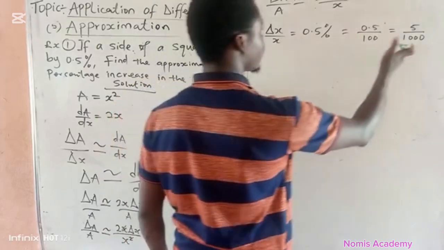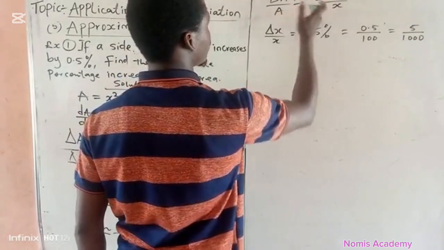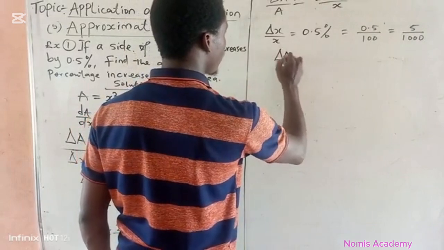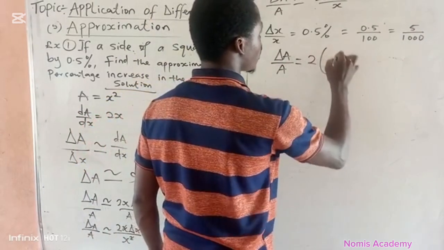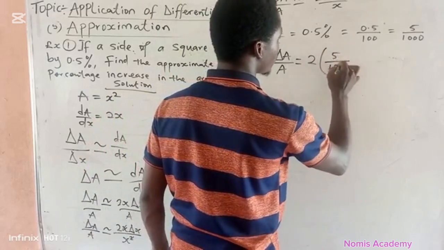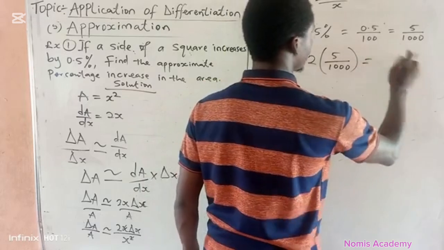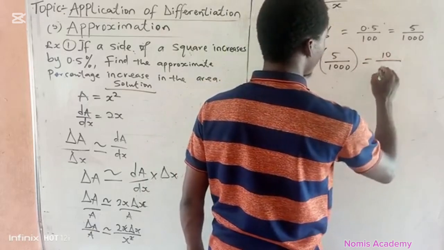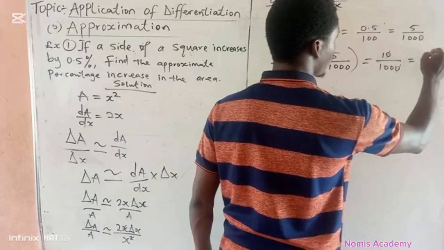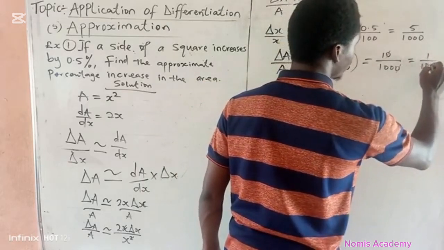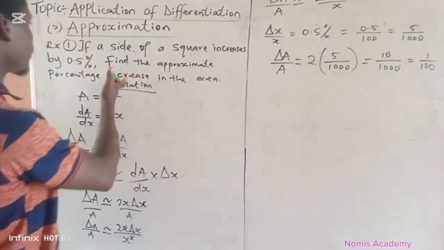Since we have this, we can now substitute it in this expression. So our delta A over A is equal to 2 times 5 over 1000, so we have 10 divided by 1000. Zero cancels zero. We have 1 over 100.